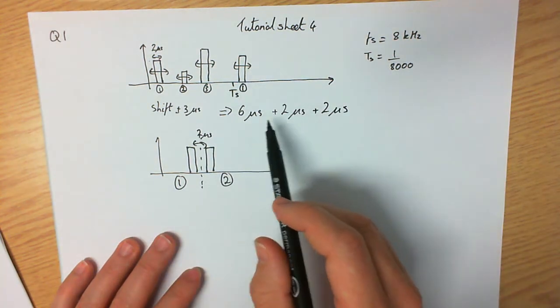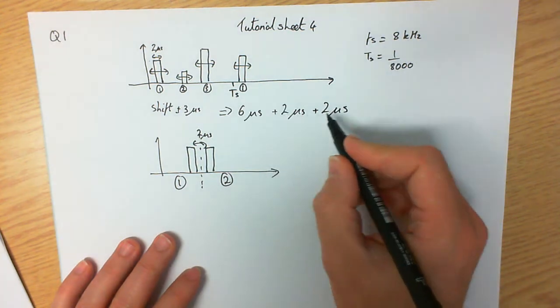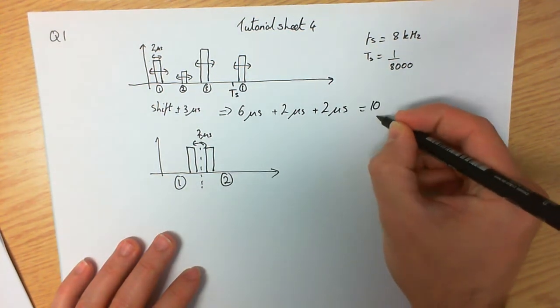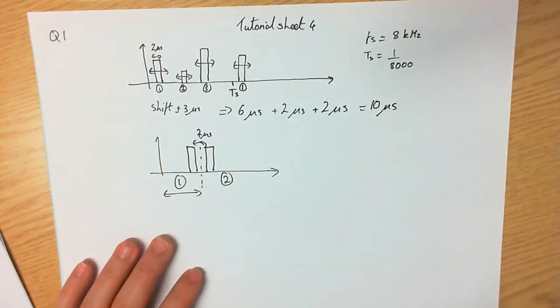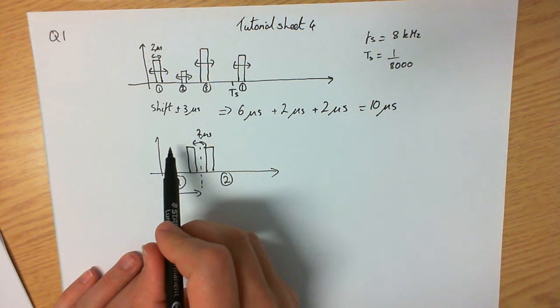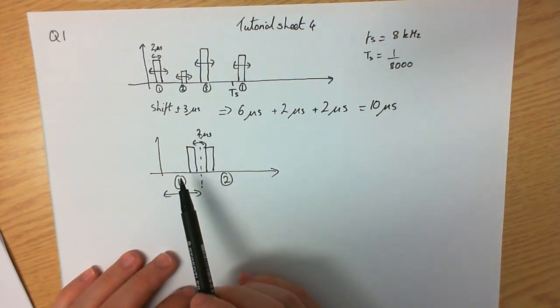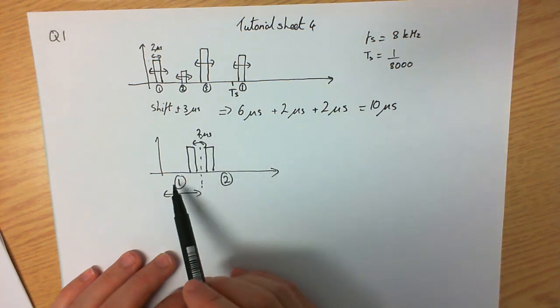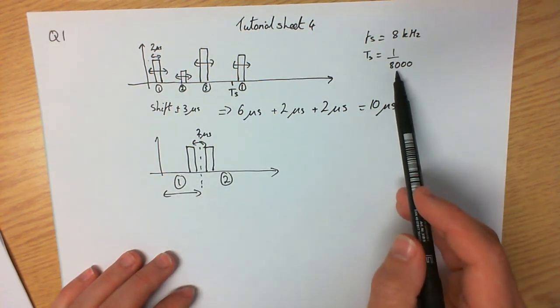So our total channel time that we're allowed for each channel is 6 plus 2 plus 2, which is equal to 10 microseconds. So each channel needs a maximum of 10 microseconds for the pulse to be able to move around it. So what we need to work out is how many 10 microseconds can we fit into 1/8,000.